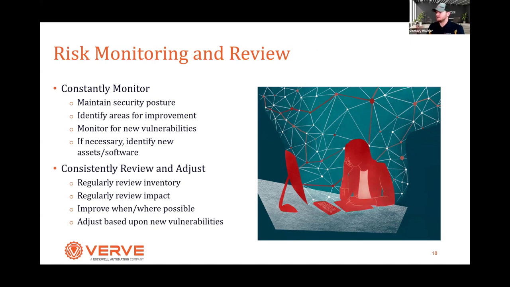You've got to look for areas of improvement, monitor for new vulnerabilities, and if new assets are added in, you need to be able to catalog those and start that process over of understanding: these are the new assets, the vulnerabilities, and then again, what is the risk and the impact of these new assets, adding them to your overall listings, and then reviewing and adjusting. For some customers we recommend quarterly, for some annually. Go through and review your inventory, review your impact, and then consistently and constantly improve.